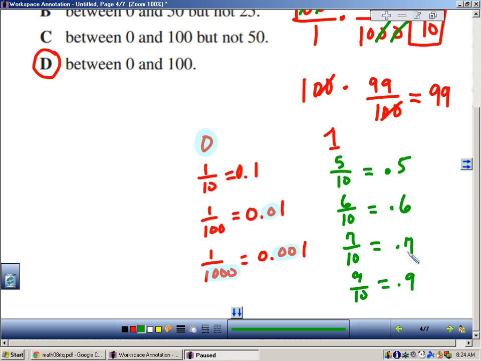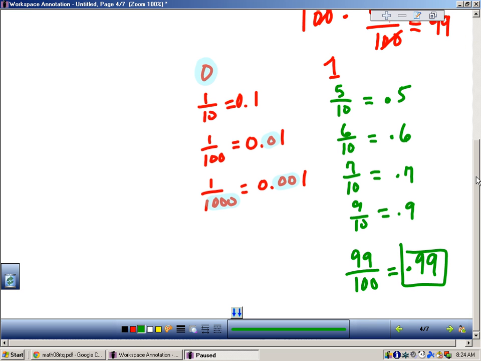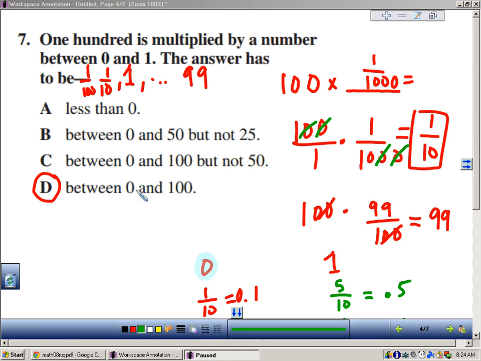So these are getting closer and closer to 1. And so I can get extremely close by maybe changing this. I can say that it would be 99 over 100. That would be 0.99. So I'm getting closer and closer to 1. That means that when you multiply 100 by a number that's very close to 1, you're getting closer and closer to 100, as close as you want. And that being said, you can see that your values are going to be between 0 and 100. Next question.